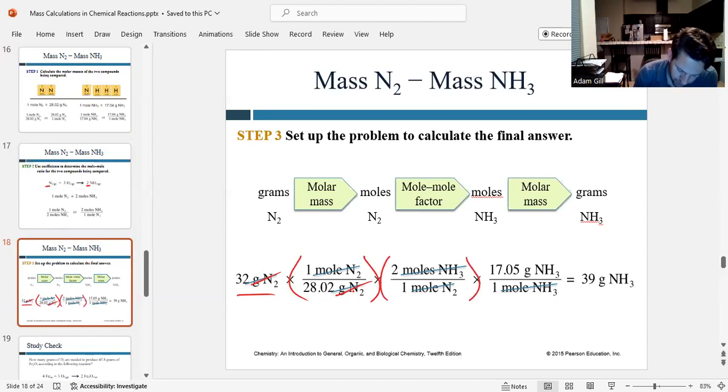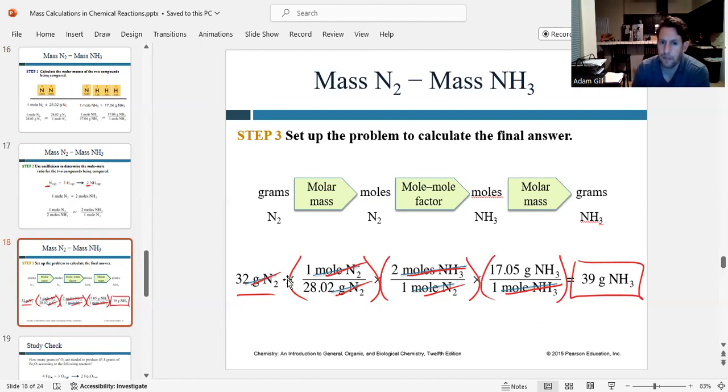We want moles of N2 on the bottom and moles of NH3 on top. Moles of N2 cancels. And the third conversion factor we want is the molar mass of NH3, 17.05 grams per mole. Moles of NH3 cancels. We end up with 39 grams of NH3. Grams, molar mass, mole-to-mole ratio, molar mass.